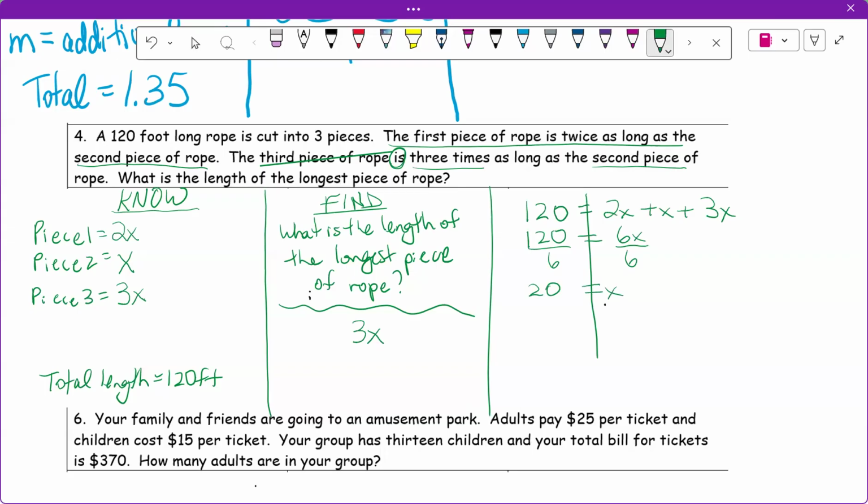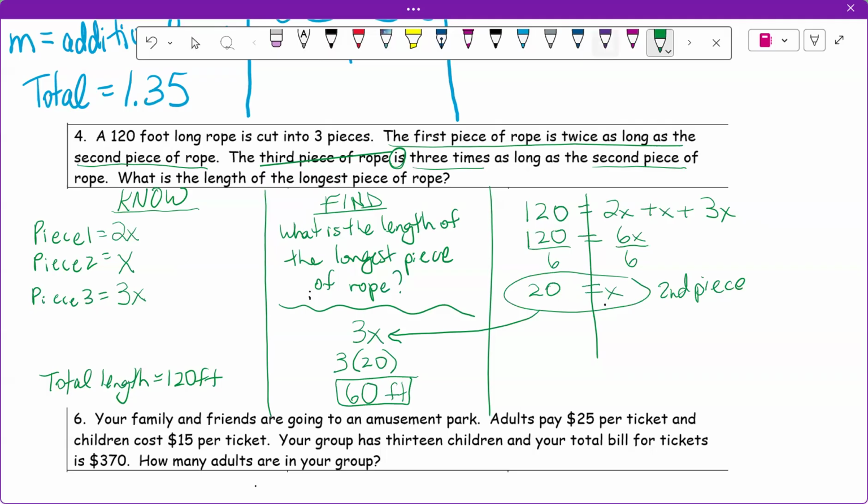Is that my answer? Well, 20 is the length of which piece of rope? That's the second piece. But we said the question was asking us for the third piece of rope because it's the longest. So we have to substitute 20 in here, which will make the longest piece of rope 60 feet.